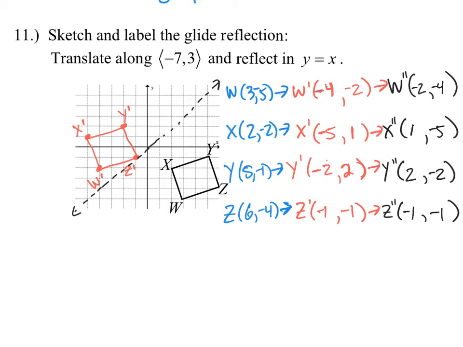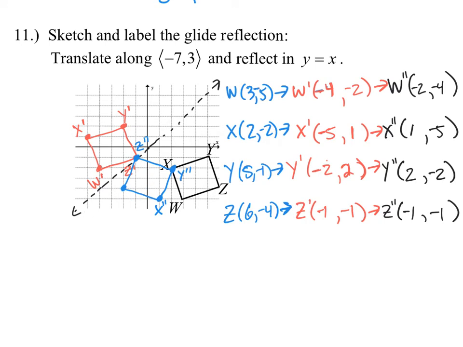So let me stop then and plot those points. Okay, so when I plotted these 4 points, I changed the color to blue so you could see the reflection in the line y equals x of W prime, X prime, Y prime, Z prime. Reflect that in the line y equals x, and we get, oops, I'm missing W prime.